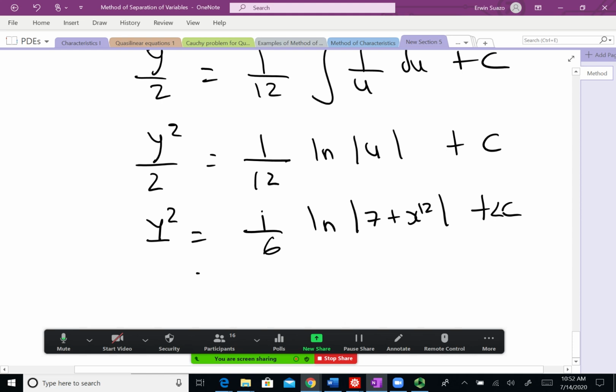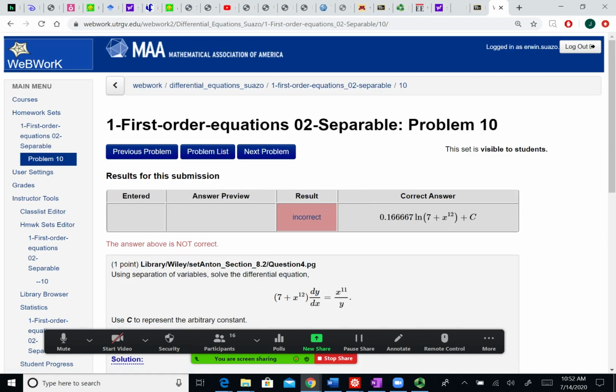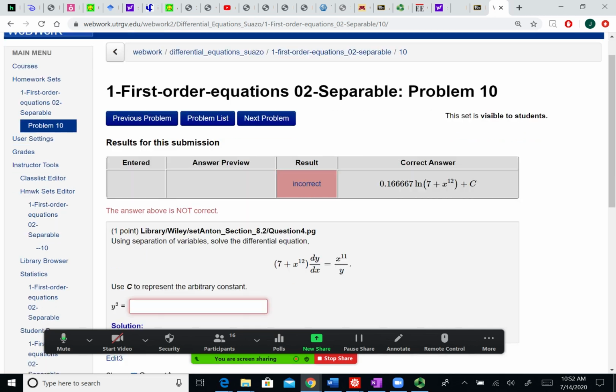That's just a constant, so I can call this a constant. So this is our answer. y squared equals 1/6 ln of 7 plus x to the 12 plus k. And that's what should be here: ln of 7 plus x to the 12 plus c, and that should be 1/6.